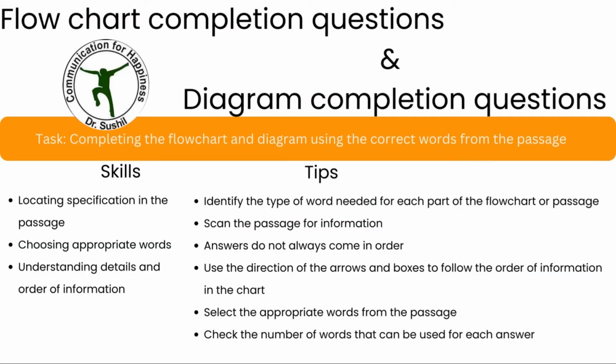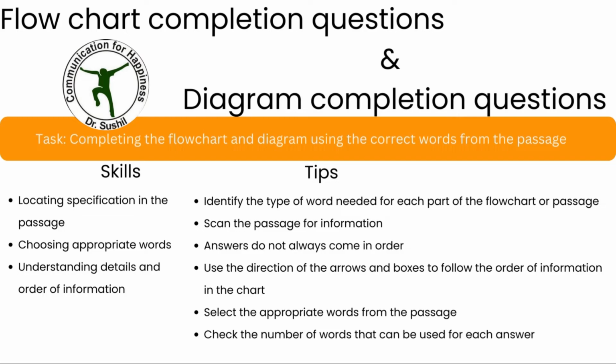Additionally, flowchart completion questions or diagram completion questions could also come in your exam. So for this, you need to complete the flowchart or the diagram by choosing the words from the passage. You have to locate the specification in the passage. Choose the appropriate word. You can easily find answers by understanding the details and order of information.